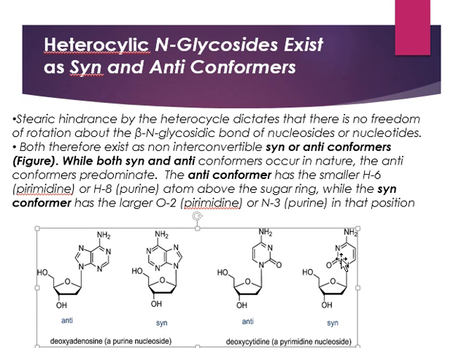Now this is the syn conformation of pyrimidine, as you can see, and purine, and this is the anti-conformation of purine, and this is the anti-conformation of pyrimidine. Naturally, there is more anti-conformation of purines and pyrimidines rather than syn conformation.